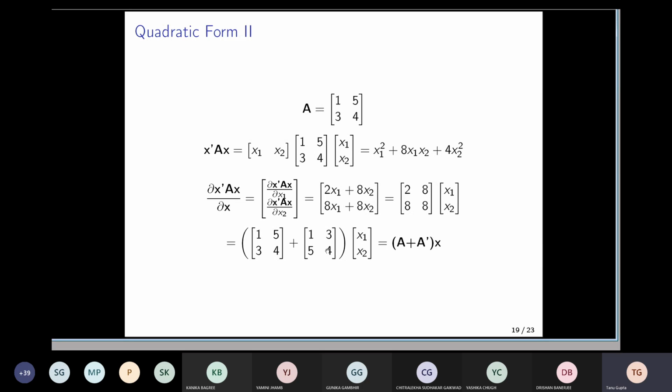So whenever A is a non-symmetric matrix, then del x prime Ax by del x will be (A plus A transpose) times x. Is this fine? Yes.